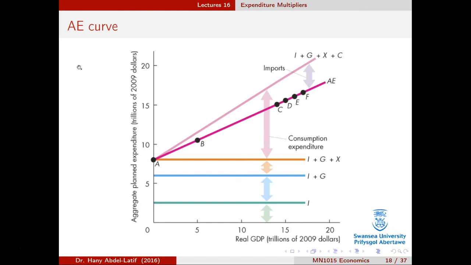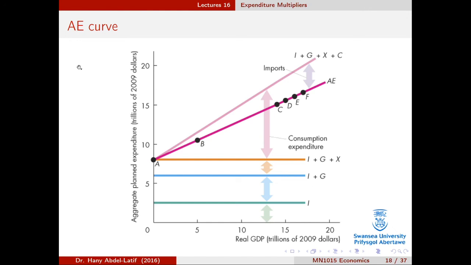So whatever real GDP is, 5, 10, 15, 20, that's the investment level. That's why you see a horizontal line. The same with G. G is the government expenditure, and we say it is not influenced by real GDP, and again it's a horizontal line.